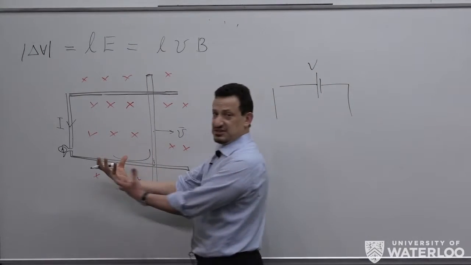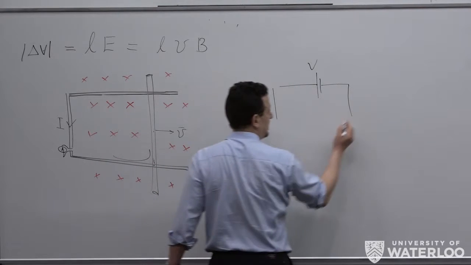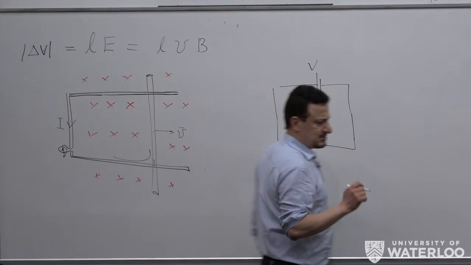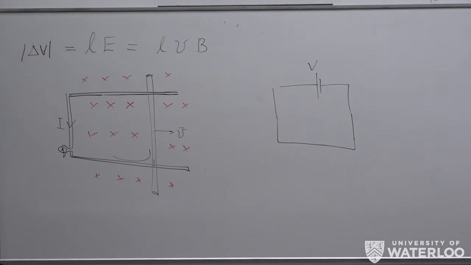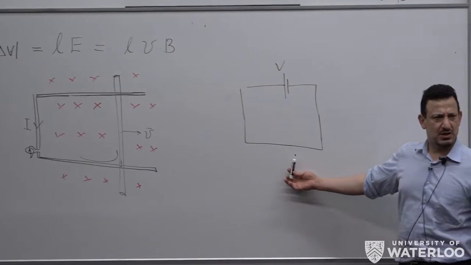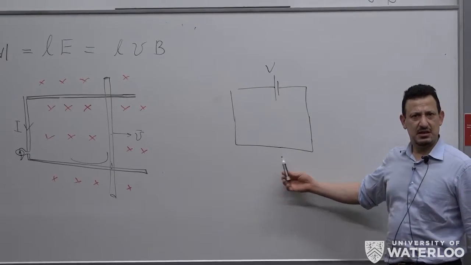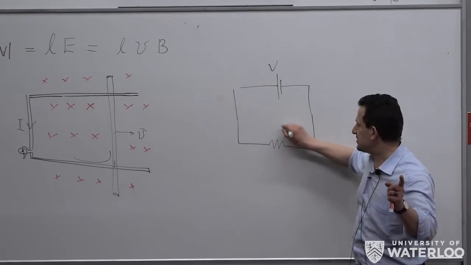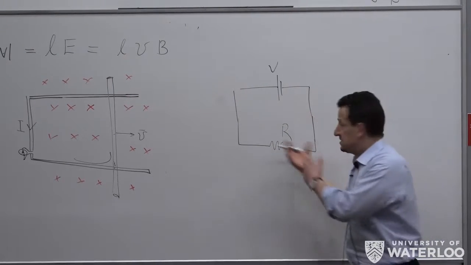I want a circuit schematic for this. I have a voltage source and nothing else. We all had circuits, correct? I can't do this. Why? Because the current here is infinite. So I have to cut this and put a resistor here. So this is equivalent to that.